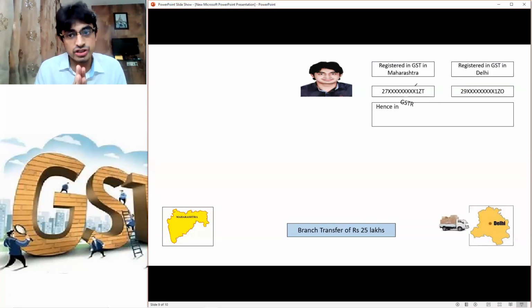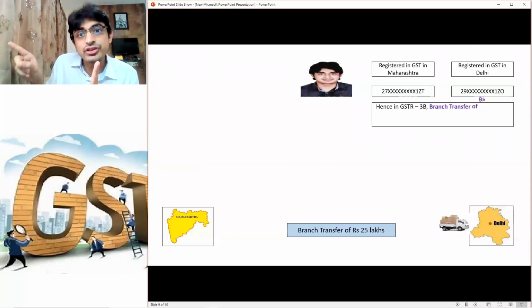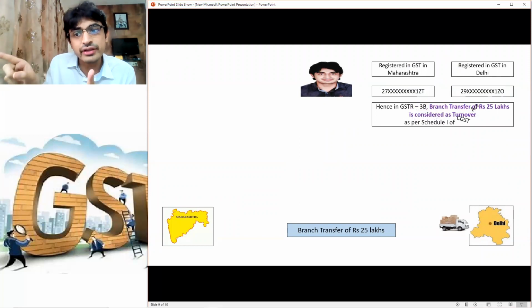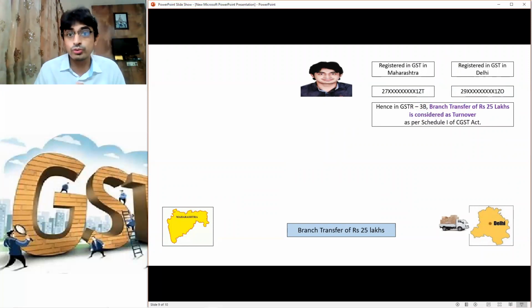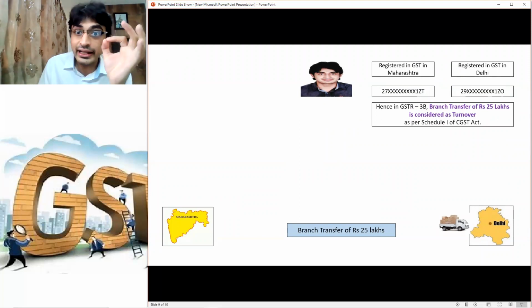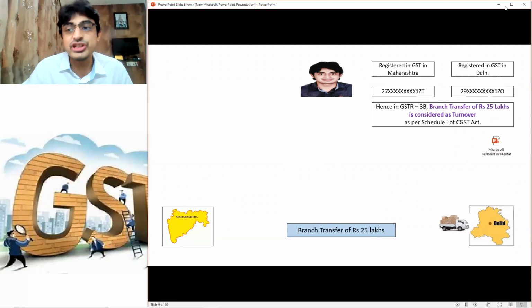Now, as per the GST Act, if I do a branch transfer, a distinct person, even my same branch, outside the state, that is a turnover as per the GST Act. So this branch transfer of 25 lakh is turnover as per the GST Act.